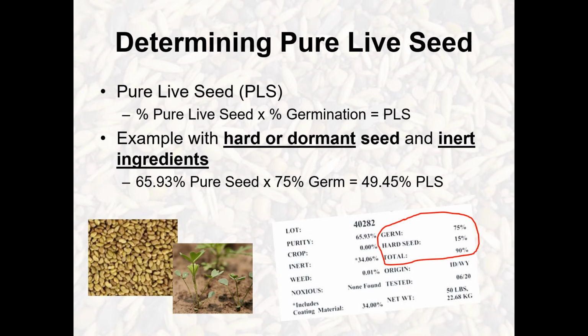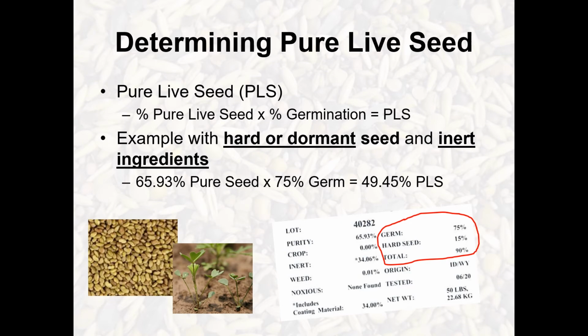Coated seed usually contains 33-34% inert ingredients. That's the coating. And this is clearly indicated in the lower purity. Please note that the purity, the inert ingredients, and weed seeds should still all add up to 100%.